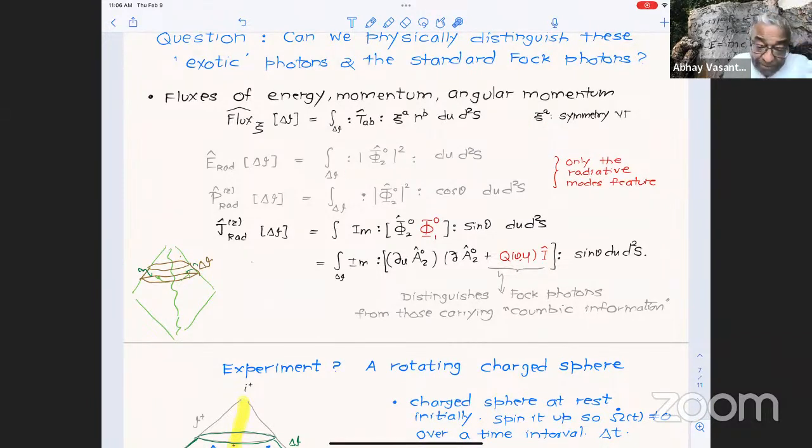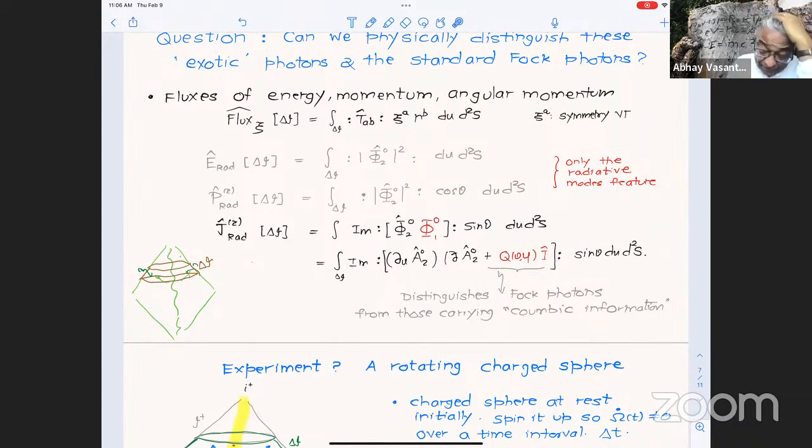If I take, for example, the z component of the momentum rate that is carried away here, I will get the integral over delta scri of phi2 naught squared times, instead of the time translation corresponding to function 1, the space translation: in the z direction it will be cos theta, in the x direction sine theta cos phi, and in the y direction sine theta sine phi.